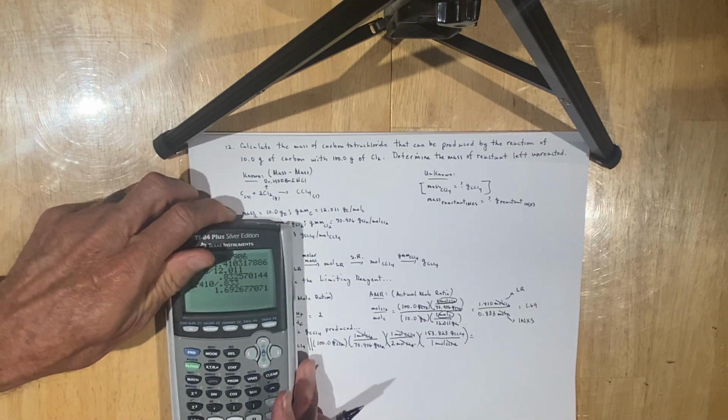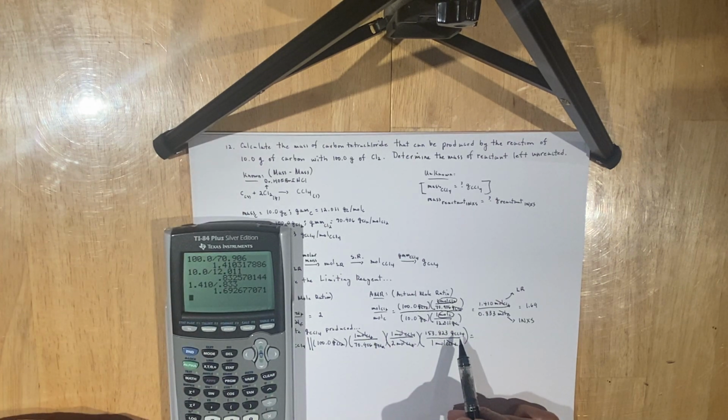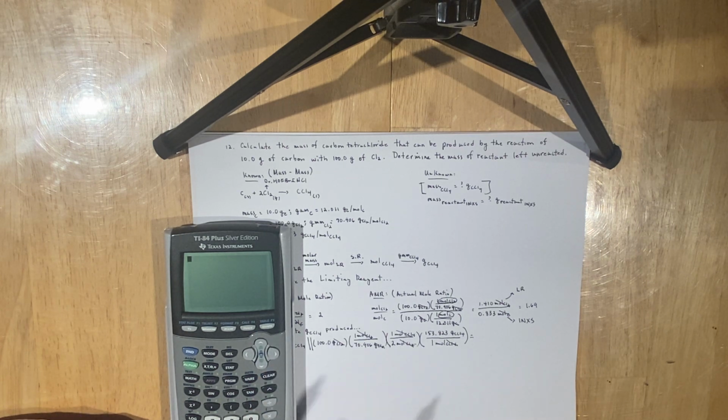Now we need to run that calculation, so we can multiply all the numerators and divide them by the product of the denominators.